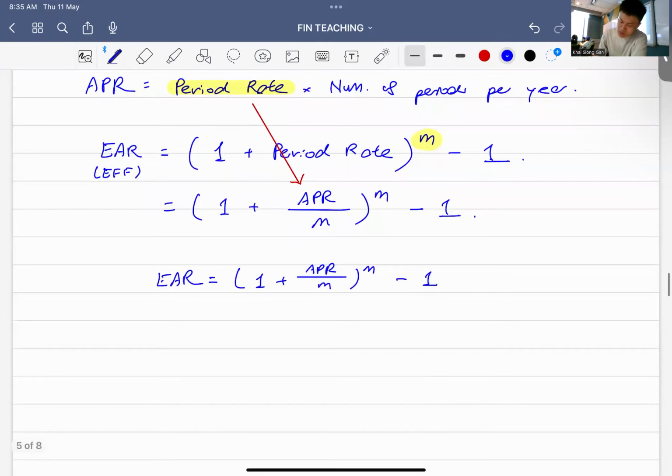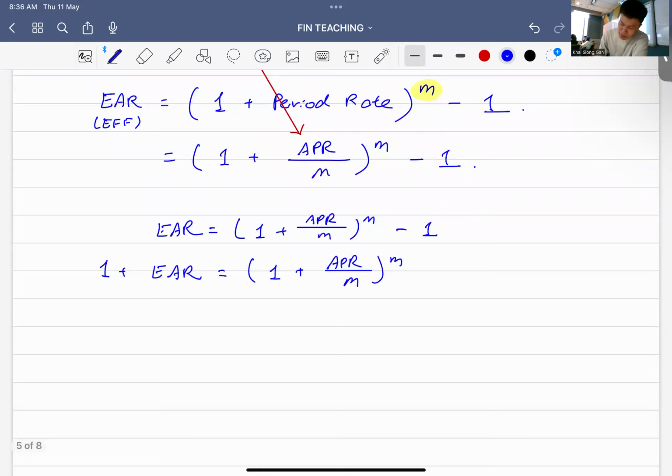So I move this minus 1 to the left first, so it becomes 1 plus EAR equals 1 plus APR divided by M, to the power of M, right? So I move the power first to the left.